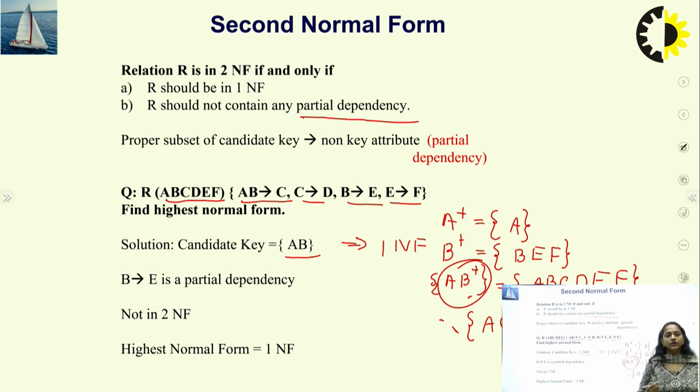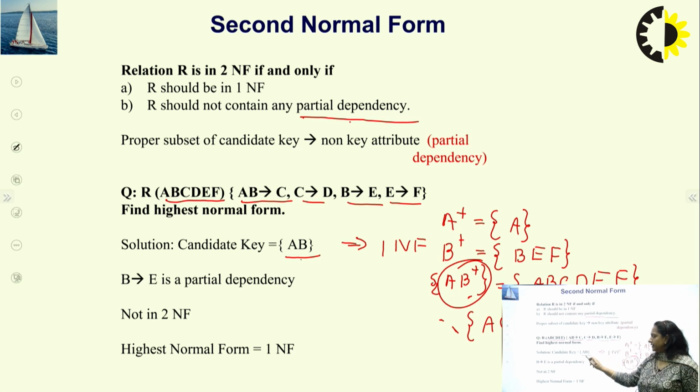Now we need to check for the second normal form. For the second normal form, we need to check that there should not be any partial dependency. For this, we need to find out the prime attributes, I mean the key attributes and non-key attributes.